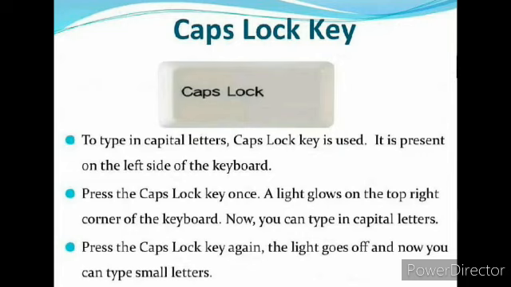It is present on the left side of the keyboard. Press the caps lock key once. A light glows on the top right corner of the keyboard. Now you can type in capital letters.